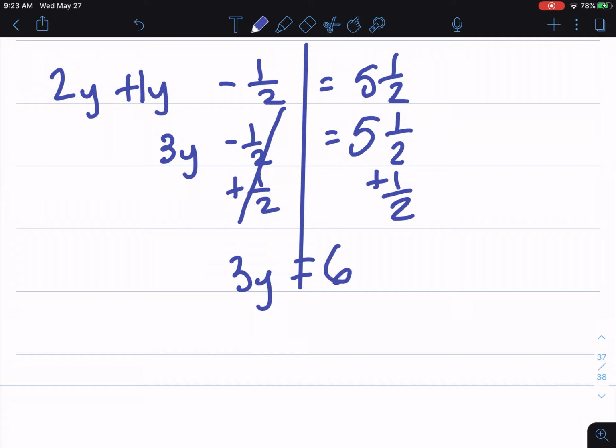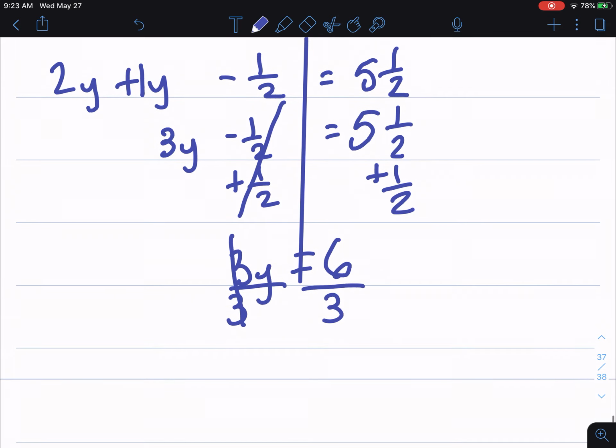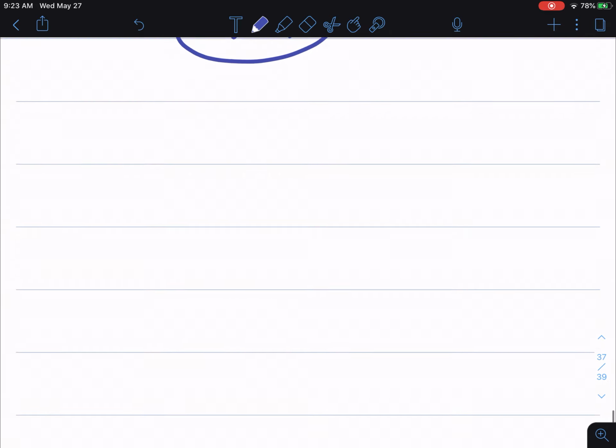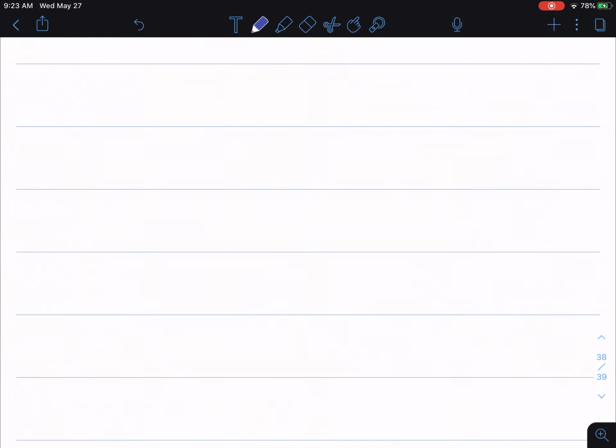Now I have 3y, or 3 times y, equals 6, and the opposite of multiply is divide. So I'm going to divide both of them by 3, and those become invisible 1. I have y equals 6 divided by 3 is 2, so y equals 2, and that is our answer. This one had another little step.